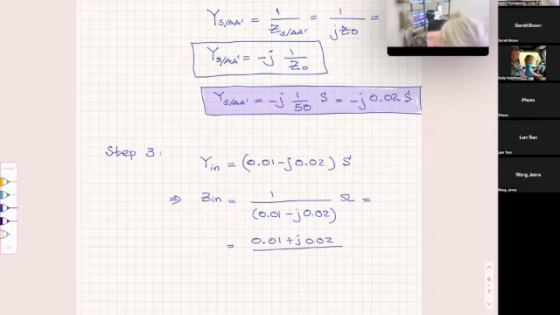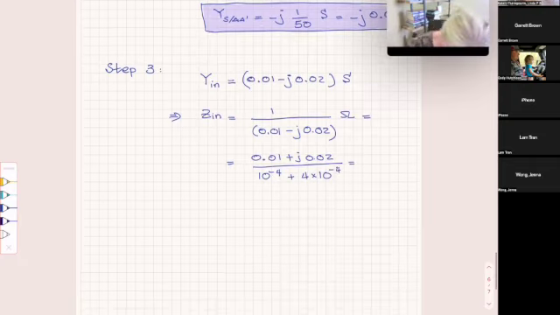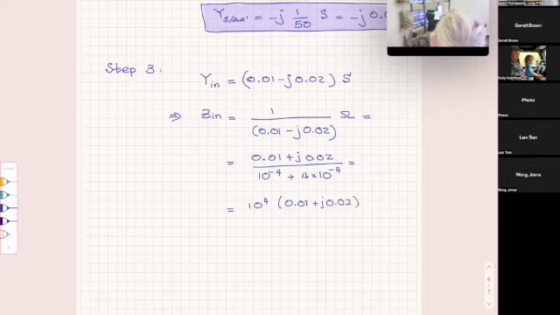That is going to give 10 to the minus 2 and 10 to the minus 4 plus 2 times 10 to the minus 4, which gives 10 to the 4 divided by 5.